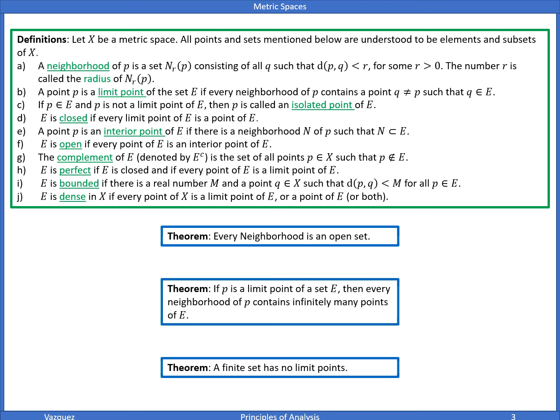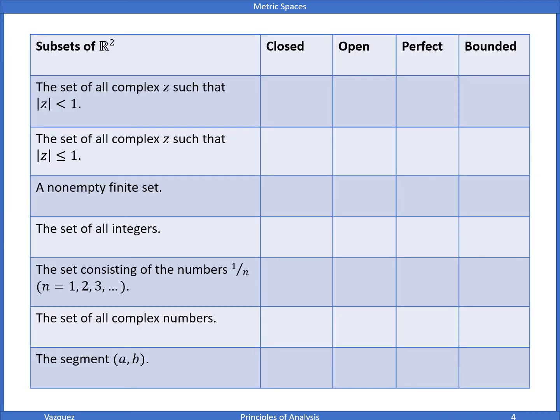But we are going to move on to something to practice some of these definitions. So here, this column is a subset of R2, and we want to know if all those are closed, open, perfect, and bounded.